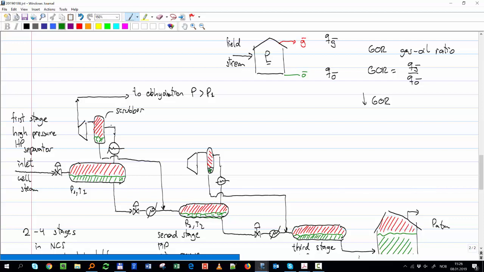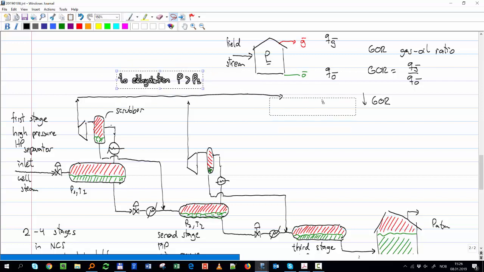So where is that gas going to go? That gas I could just send directly straight here, right to that line. Let's maybe prolong that line, and I'm going to put that line all the way here, to the dehydration.